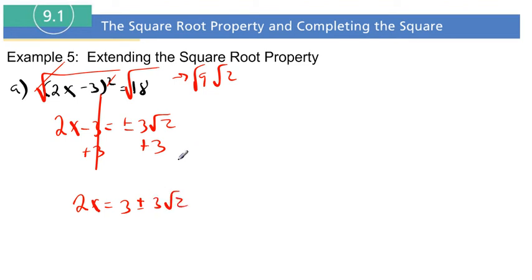Notice that we will not be able to add 3 plus 3 radical 2, because remember, one of our stipulations is that if you want to add radical numbers, they both have to have the same index and the same radicand. This doesn't even have a radical sign at all, so we won't be able to combine these together.